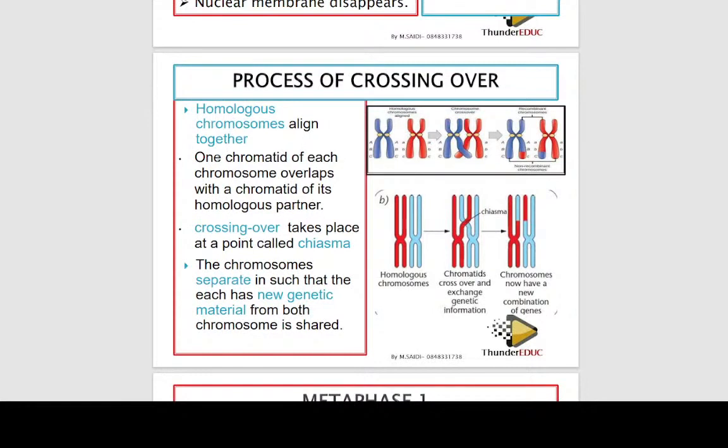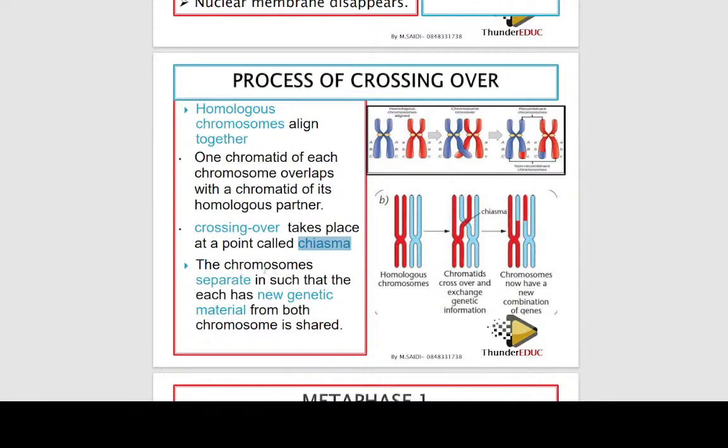One chromatid of each chromosome overlaps with the chromatid of its homologous partner at a point called the chiasma. So you see, they overlap at this point. So this is crossing over. That is also another marking point.